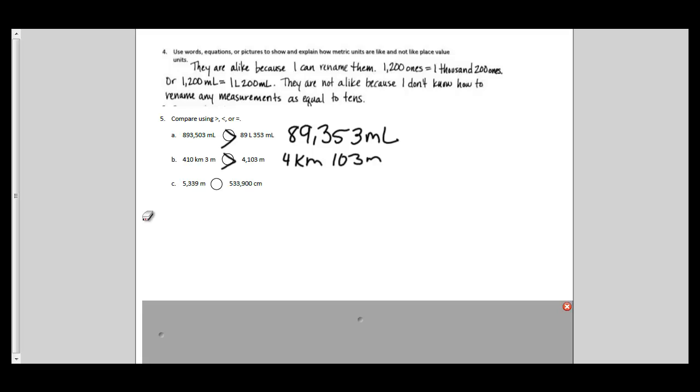So I'm sitting here thinking, okay, there are 100 centimeters in a meter. So I'm going to change this to centimeters. So if I have 5,339 meters, that's like 5,339 hundredths.